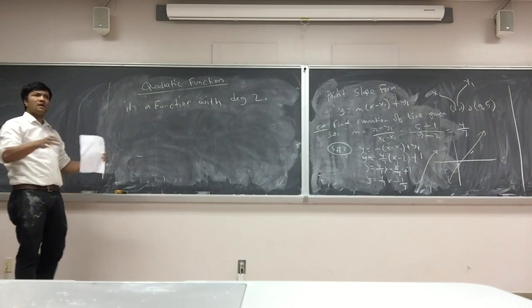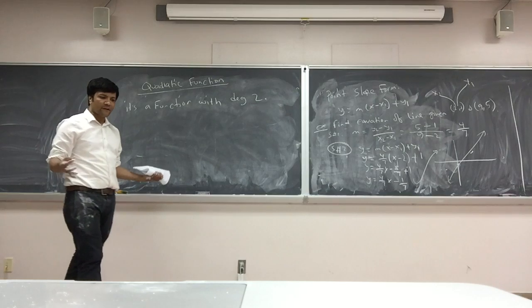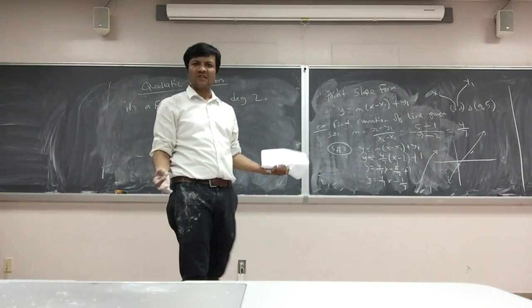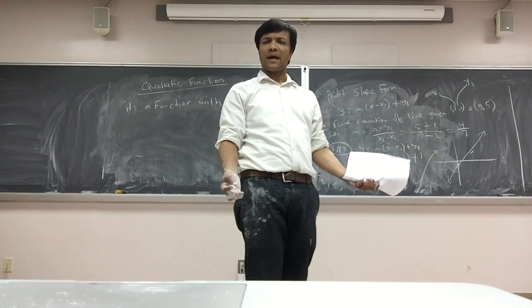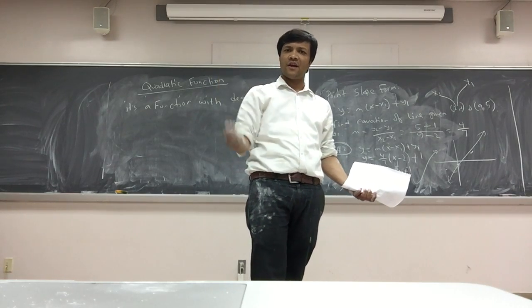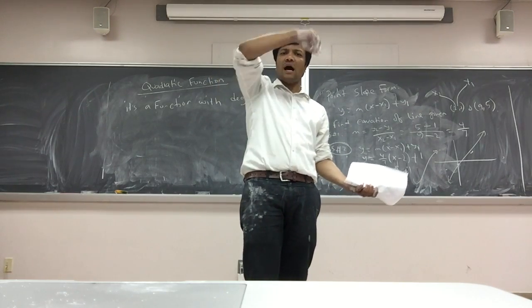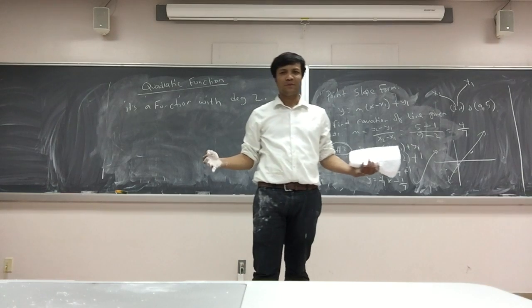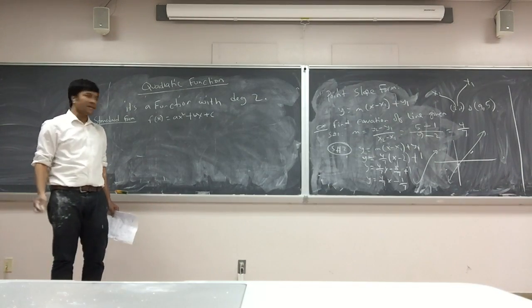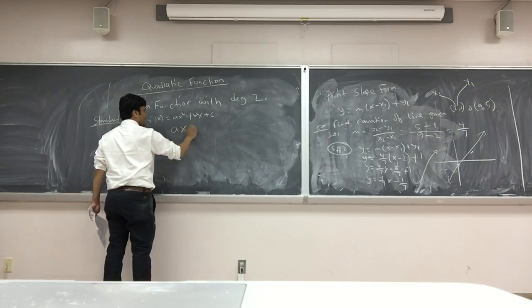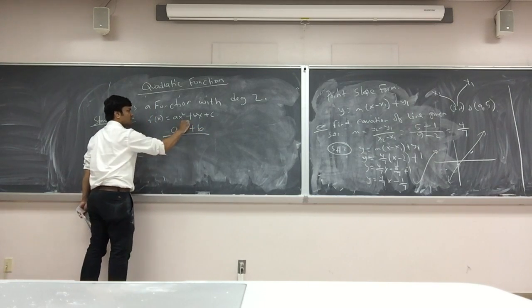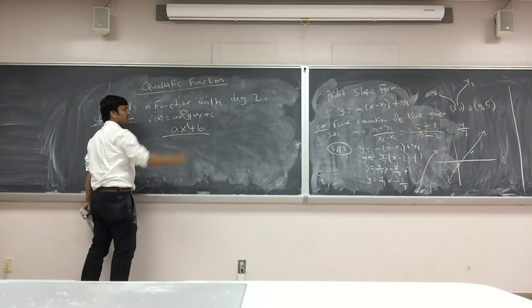I'm going to write many different forms. The quadratic function is the most beautiful function, as I just explained, because it describes the behavior of a parabola. Remember the linear one was just ax plus b with degree 1. Now I have a degree 2.